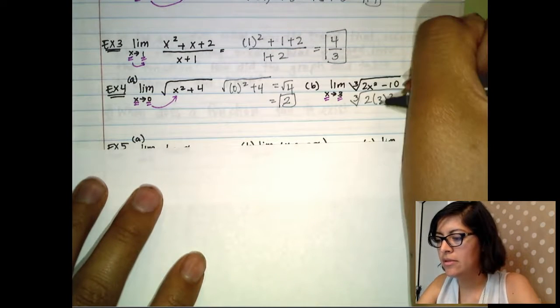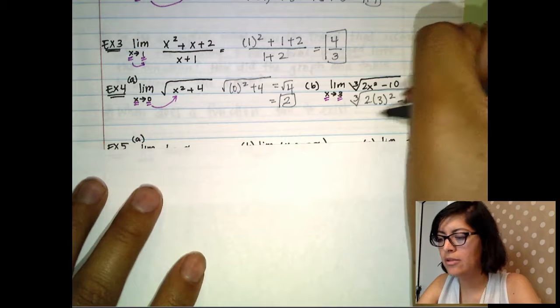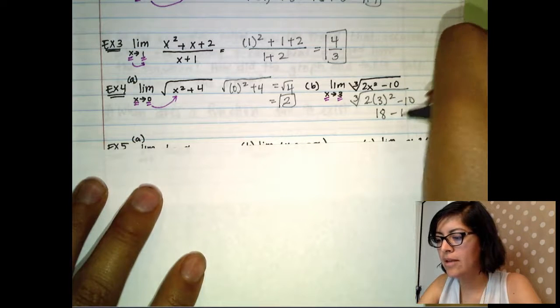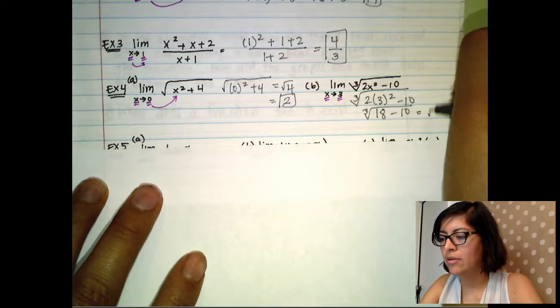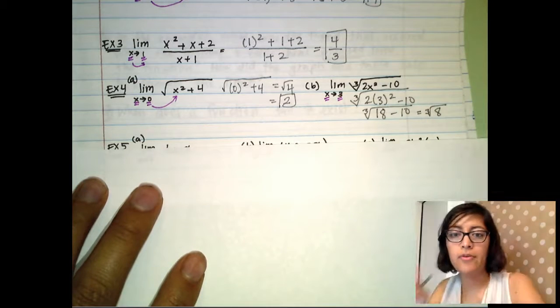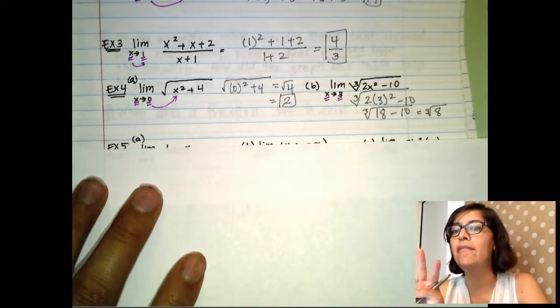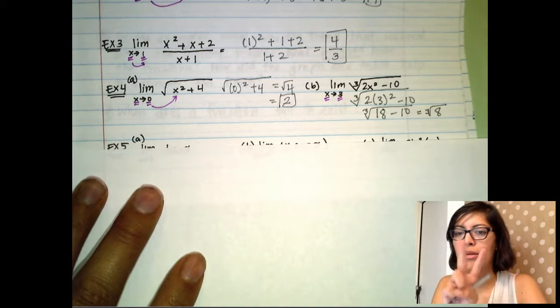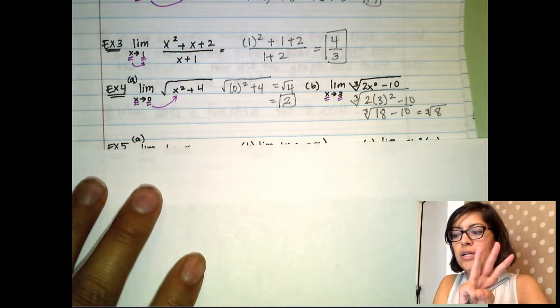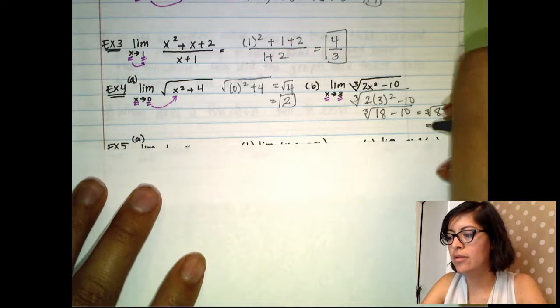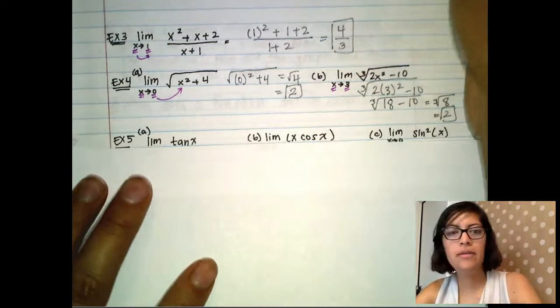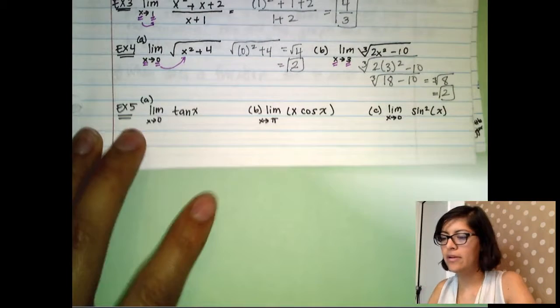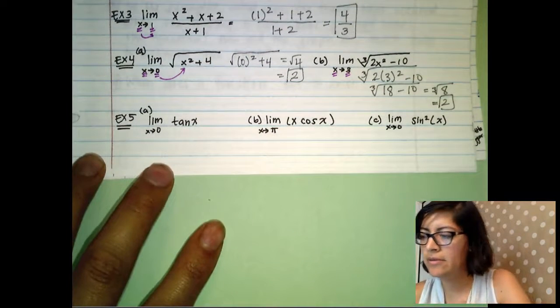This is going to be 2 times 9, which is 18, minus 10, so the cube root of 8. So we're looking for 3 things that multiply to give us 8. So 2 times 2 is 4, times another 2 is 8. So this is equal to 2. Alright, pretty simple, right? This is our last set of examples.